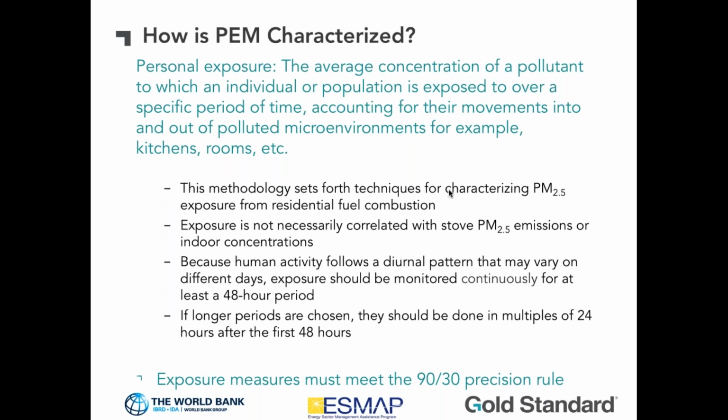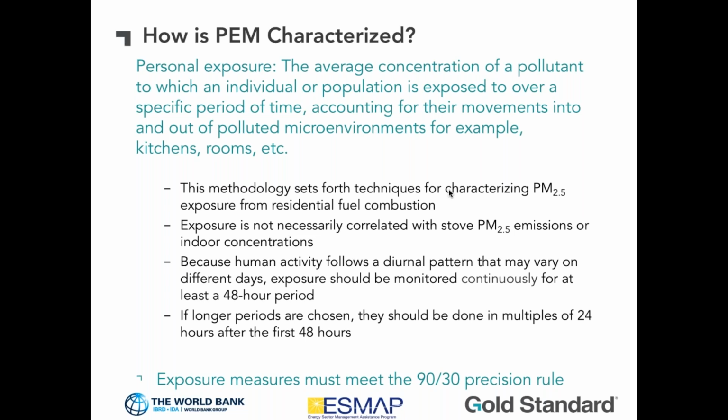Also because the human activity follows a diurnal pattern which can vary between days, we require at least 48 hours of monitoring for personal exposure to fulfill the criteria of the methodology. And in case someone wishes to go for longer than 48 hours, then that should still be done in multiples of 24 hours.